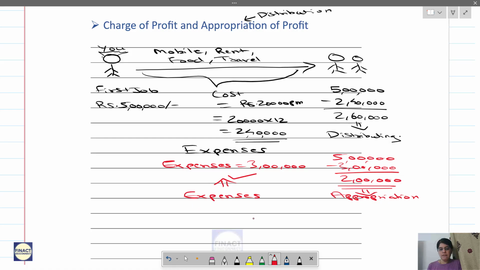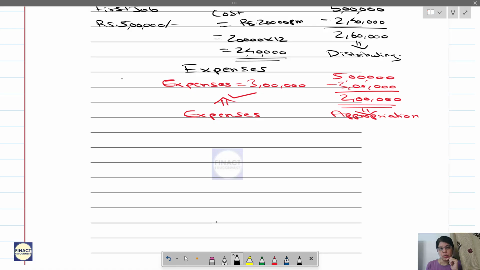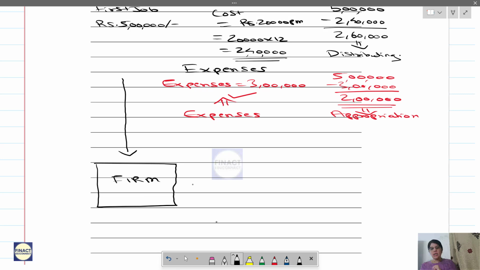So this is known as appropriation, that is distribution. Now in the same way, parallelly to the example we have taken, we will take it for the firm also. So instead of you, I am considering a firm over here, that is a partnership firm. The partnership firm will be earning some income.